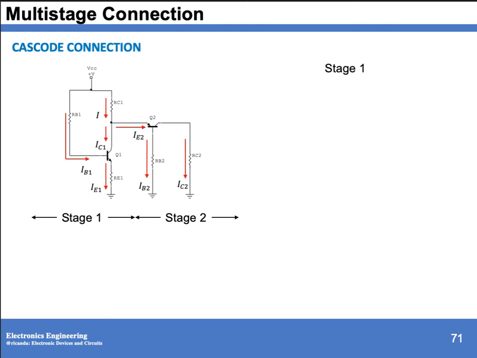At the output side of your stage 1, we have VCC minus RC1 I minus VCE1 minus RE1 IE1. So remember, I is equal to IC1 plus IE2. Since we already have the value of IC1, we have a variable IE2, or we don't have any value for your IE2.